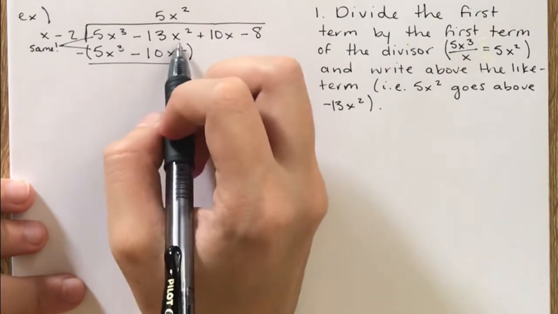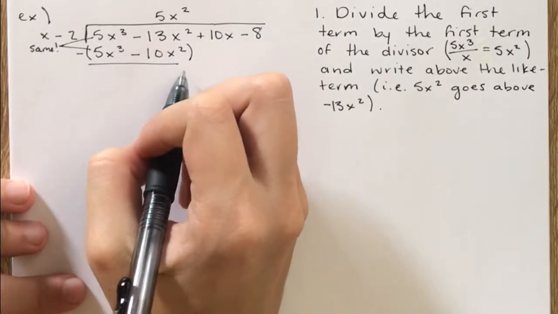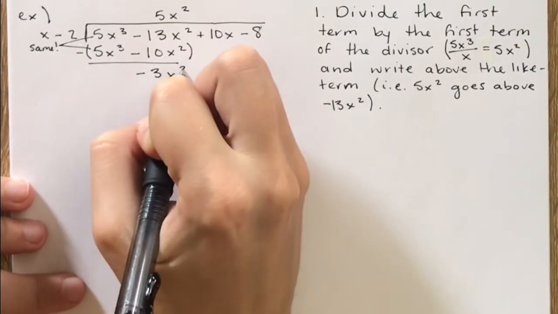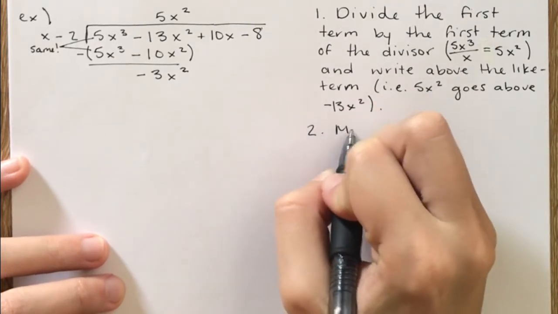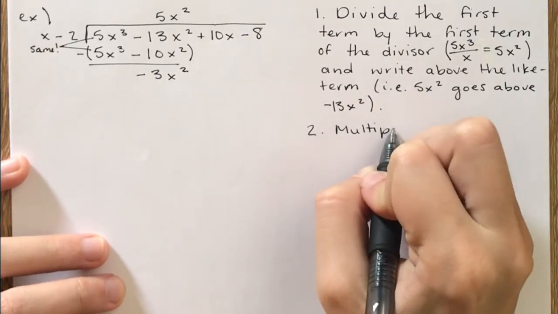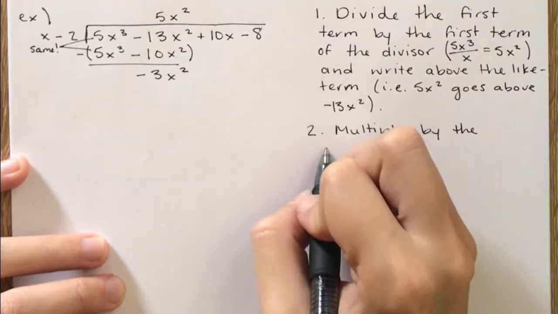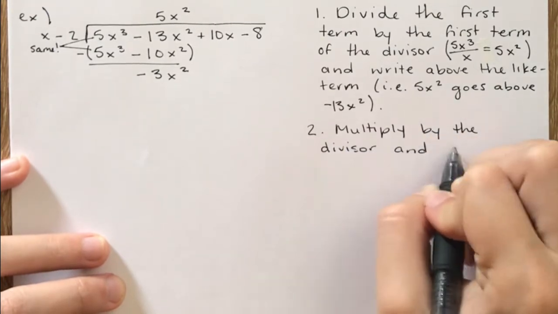And then negative 13x squared minus negative 10x squared is negative 3x squared. So that was our second step. We multiplied by the divisor and subtract.